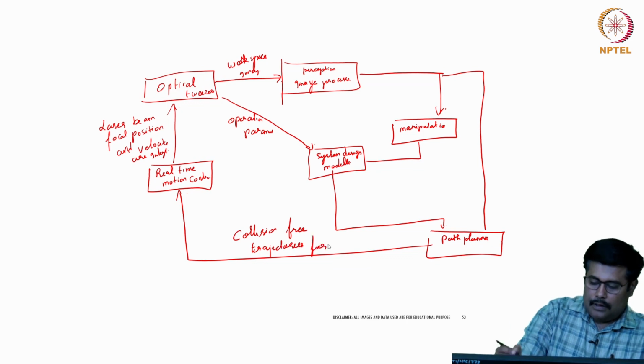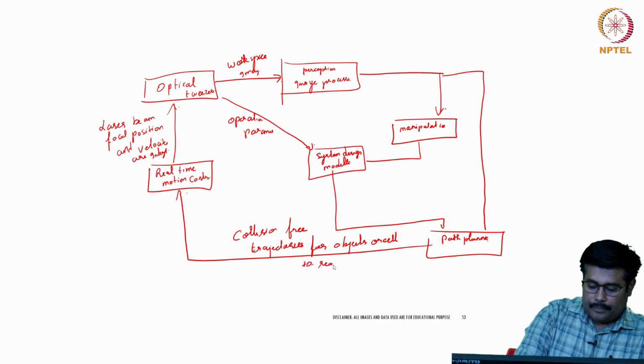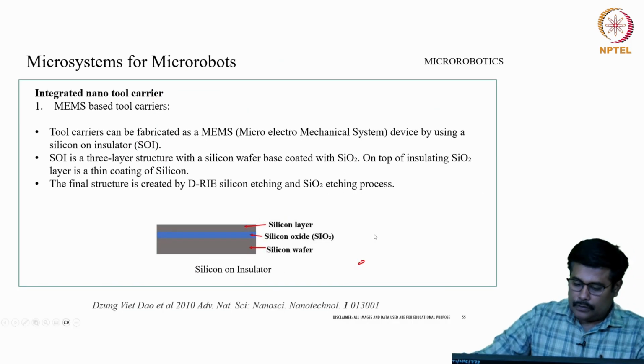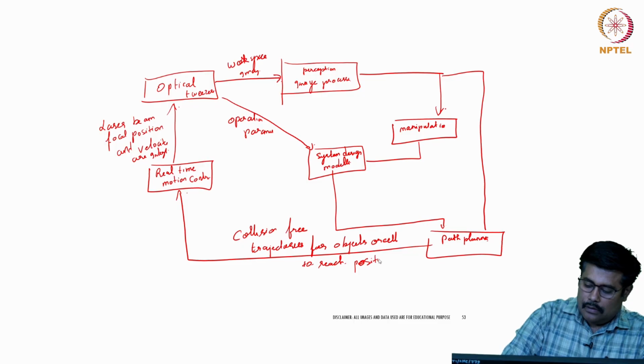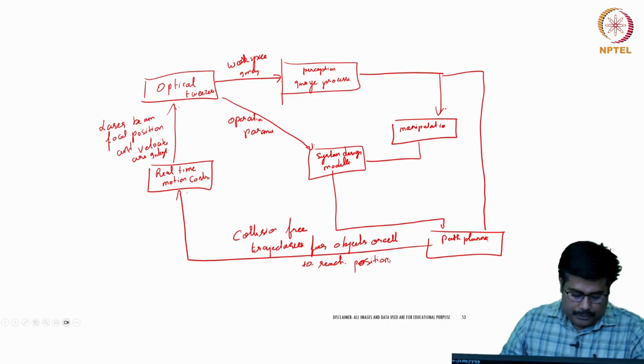trajectories for cells, for the objects or cells to reach the particular position.